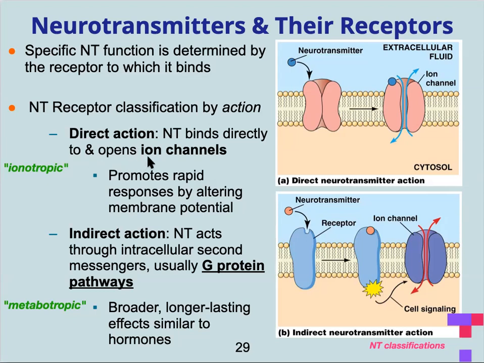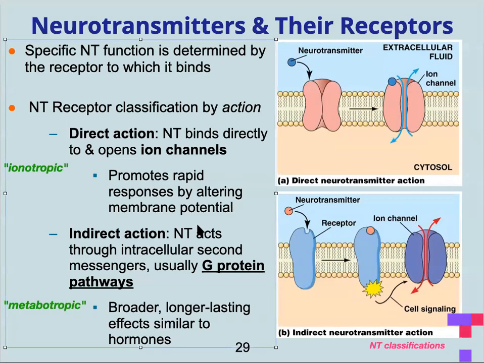These are receptors that are also ion channels at the same time, and the ligand or neurotransmitter binding to the receptor causes it to open and for ions to pass through it, thereby altering the membrane potential. So this type of receptor channel tends to bring about a very rapid action.